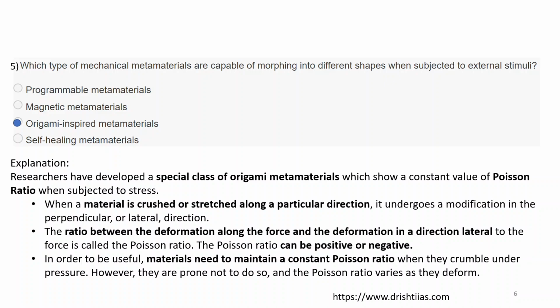The ratio between the deformation along the force and the deformation lateral to the force is called the Poisson's ratio, which can be positive or negative. To be useful, materials need to maintain a constant Poisson's ratio when they crumble under pressure. However, they tend not to, and the Poisson's ratio varies as they deform.